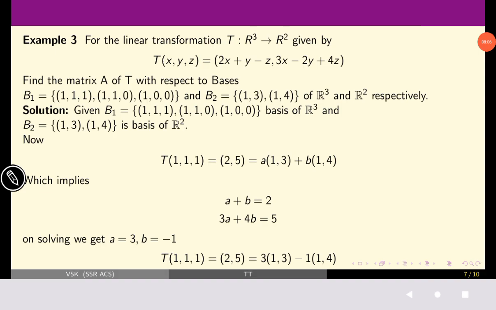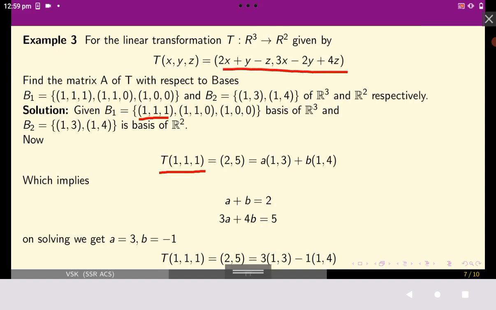But the method will be the same. We will find the images of these vectors under T. So T of (1, 1, 1) according to this definition: X is equal to 1, Y is equal to 1, and Z is equal to 1.